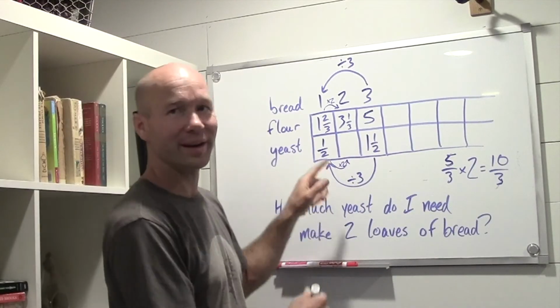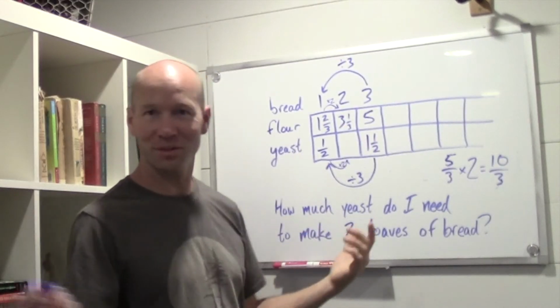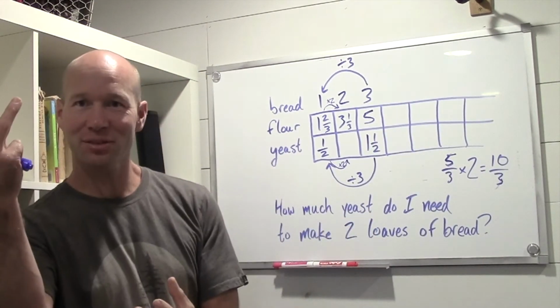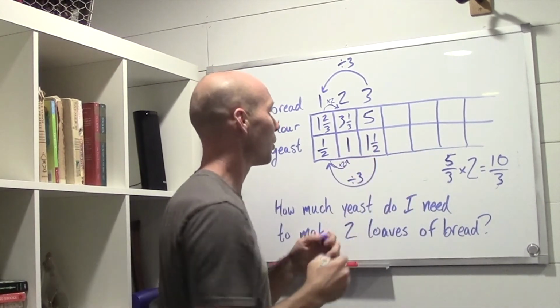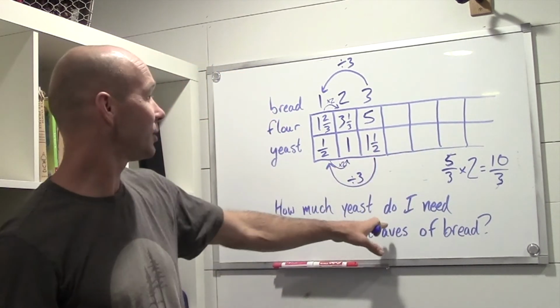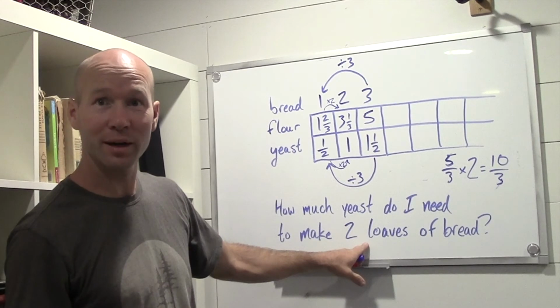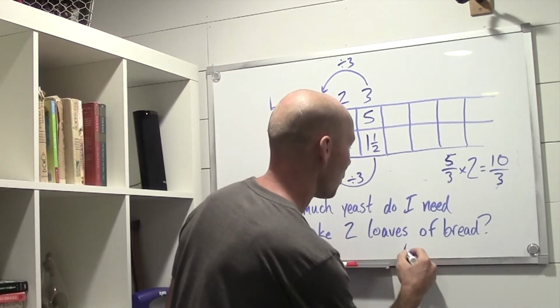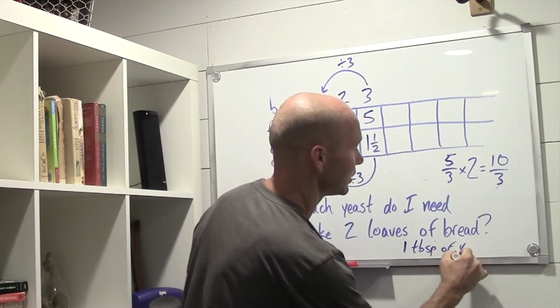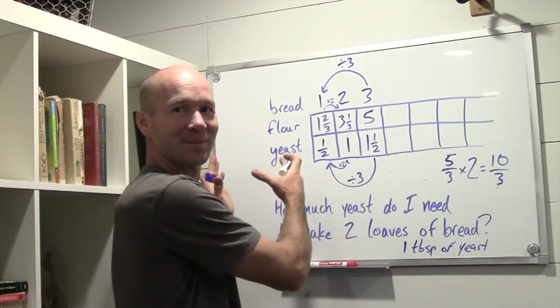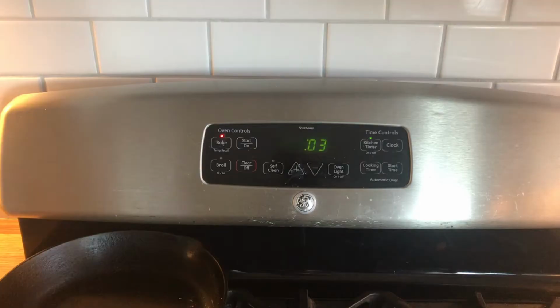And of course, 1/2 times 2 is 1, right? I have a half of something, now I have 2 halves of something, I have 1 whole. So how much yeast do I need to make 2 loaves of bread? Well, I just need 1 tablespoon of yeast. So I can scale backwards and I can scale forward.